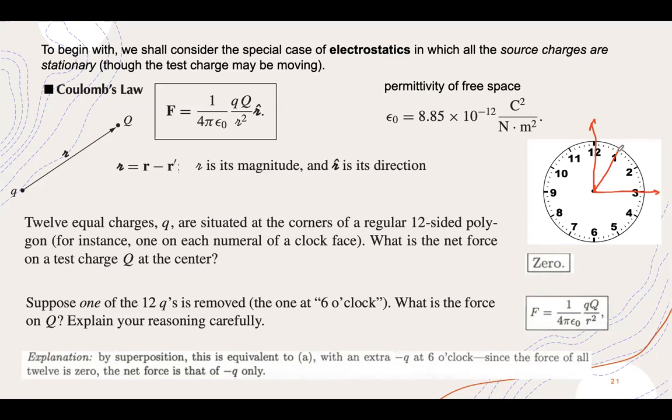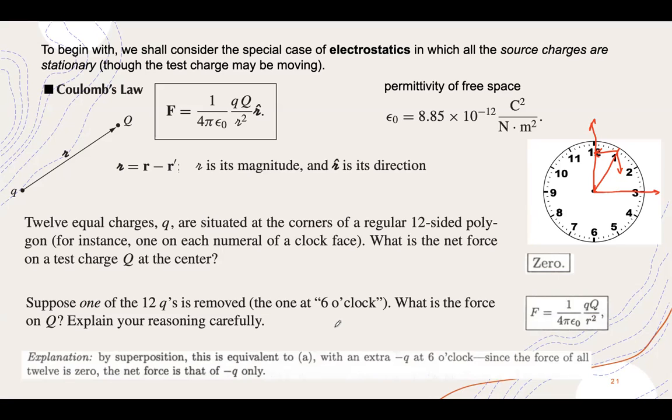Then we can find the components of this force, the vertical and the horizontal, and therefore we can calculate similarly for all the charges. And when we sum up all those, the first question is going to give us 0 net force, and similarly for the second problem we can explain the same thing.